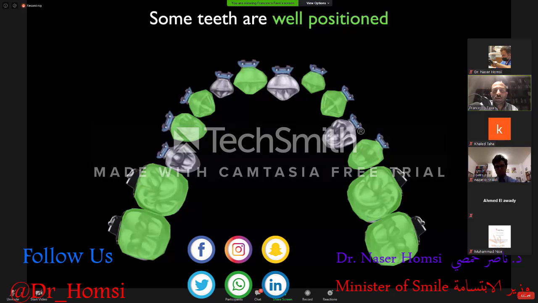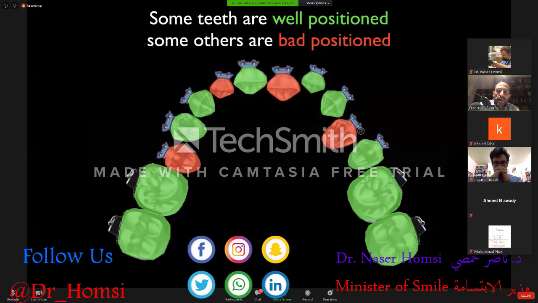We have molars, some premolars, some canines, and 2 incisors in a good initial position. So a question could be, do we really need to move them? There are some other teeth that are in a bad position, and these are the teeth colored in red. So we have teeth in a good position, colored in green, and teeth in a bad position, colored in red.